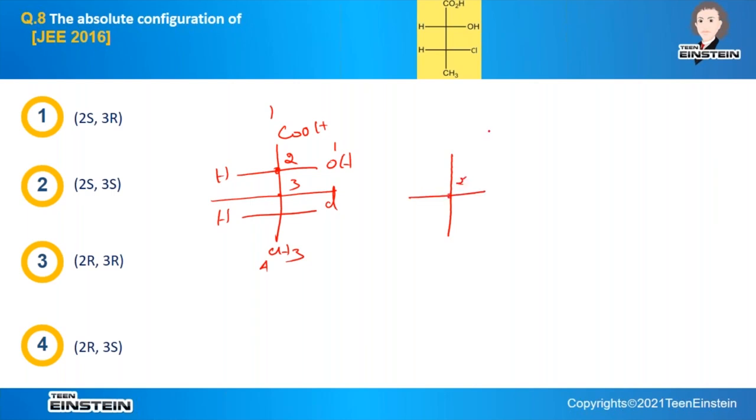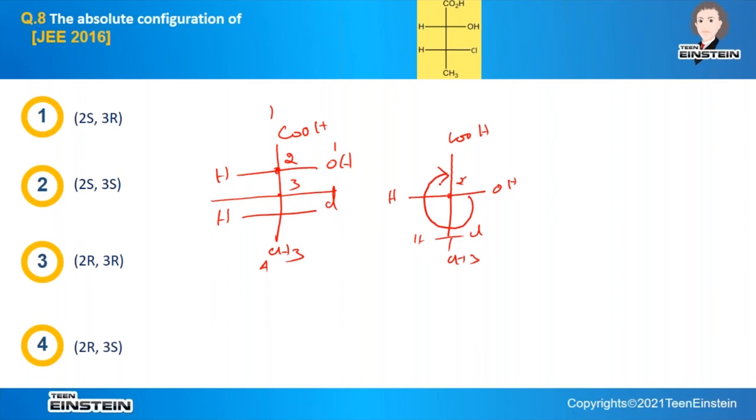This is carbon 2. So here COOH, here H, here OH, and this side it contains H, Cl, CH3. So here we can see the rotation takes place in anti-clockwise direction.